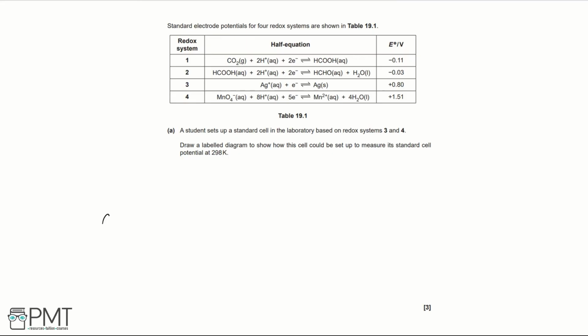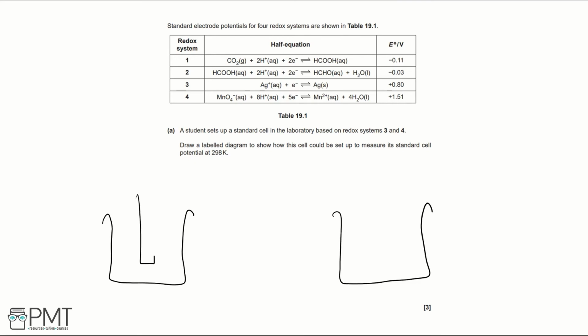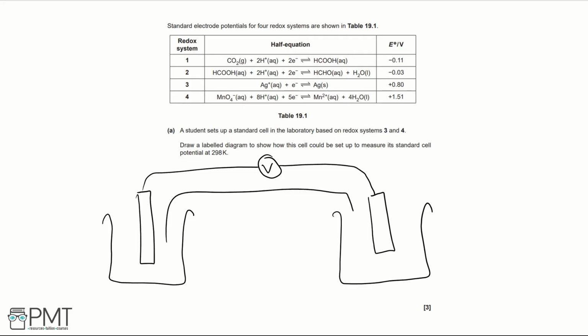So what we're going to have is firstly 2 beakers of roughly similar size. You're going to have your 2 electrodes, one in each beaker, a voltmeter connecting them, and a salt bridge. The salt bridge needs to be labelled as the salt bridge, and then we are going to look at the specifics of what makes up each half cell.